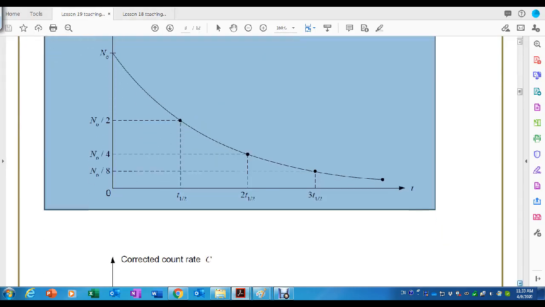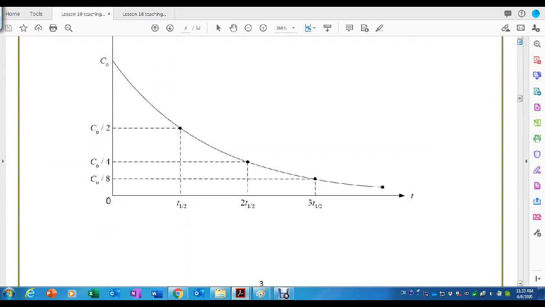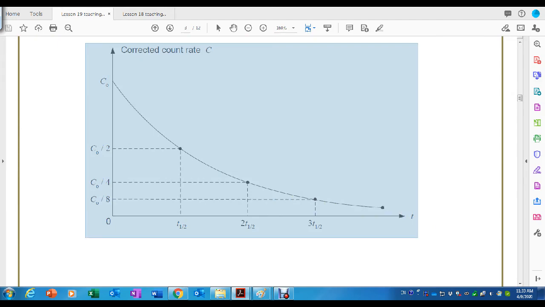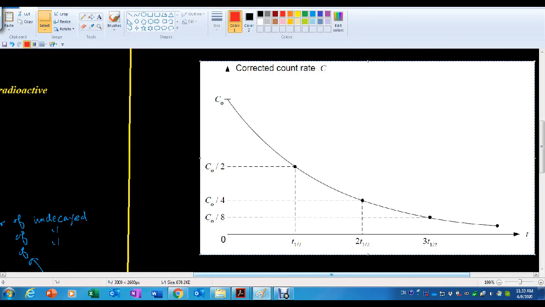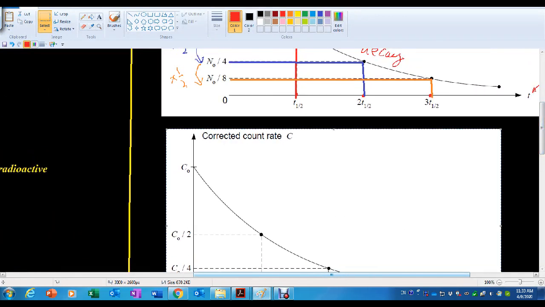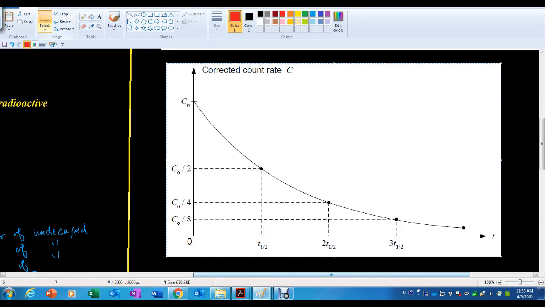So here's another graph. The y-axis is called count rate. We haven't studied this yet, but I can replace this idea with an equivalent idea, which is directly proportional to the activity of the sample.